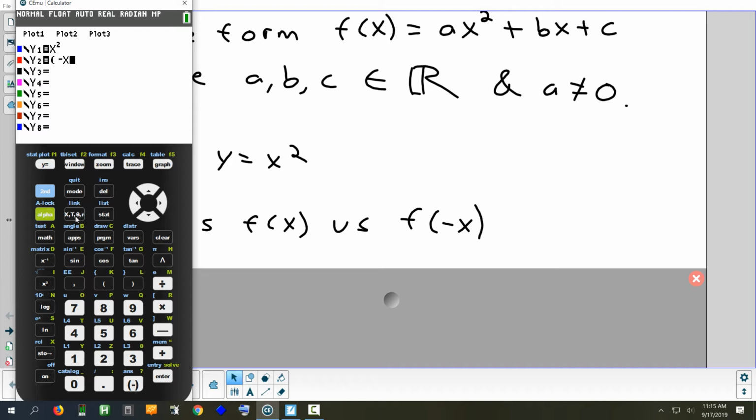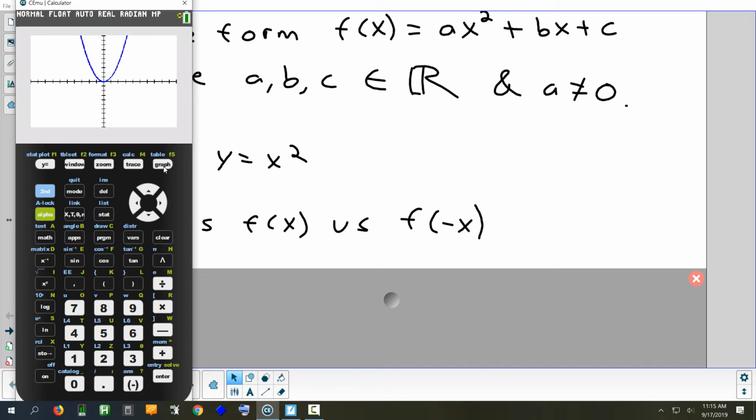And I just changed x to negative x. What happened? Alex? It's the same slope. It's the same parabola. Yeah, it's the same parabola. So putting a negative in didn't make a difference.